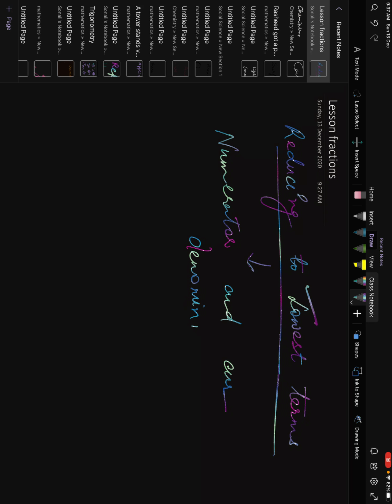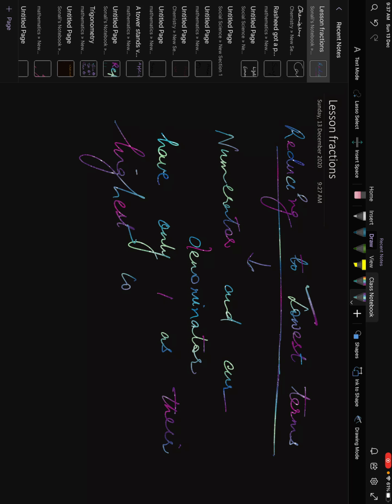So in the given fraction, when the numerator and the denominator have only 1 as their highest common factor, we say that the given fraction is in its lowest term. Got it? When the numerator and the denominator have only 1 as their highest common factor.